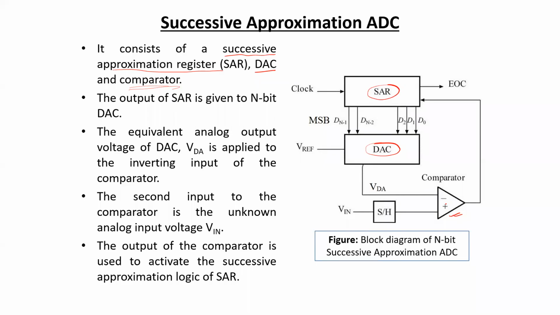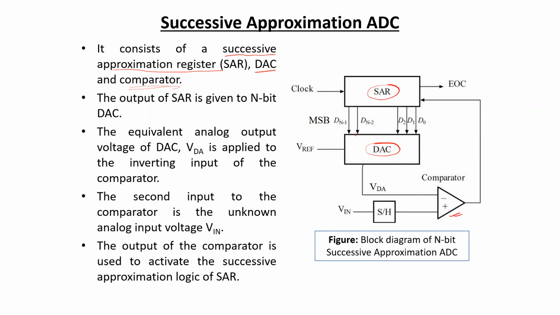Now, how does the design actually operate? The successive approximation register generates some sequential bit patterns. The corresponding bit pattern gets converted by the DAC.